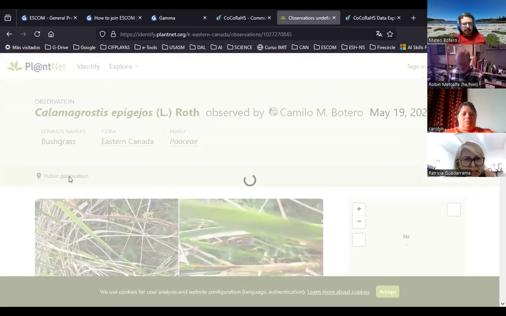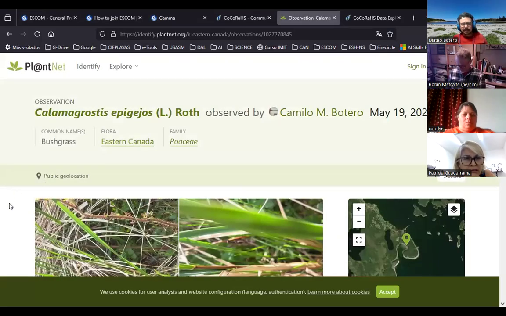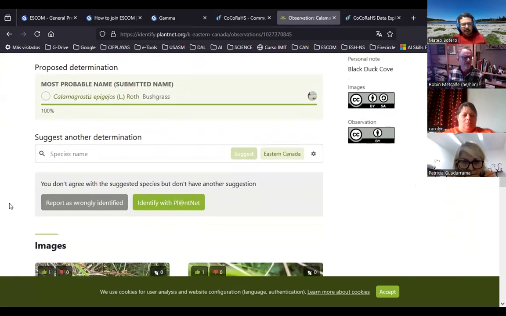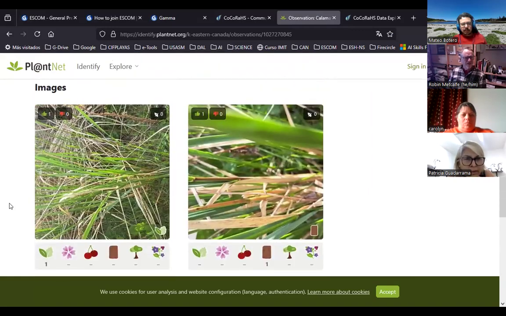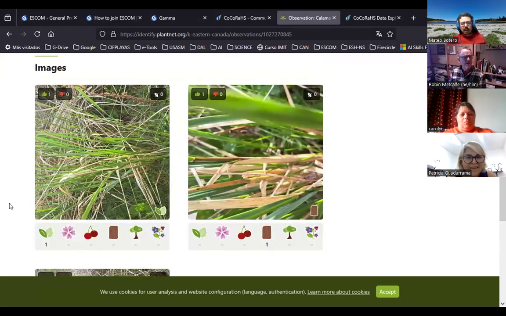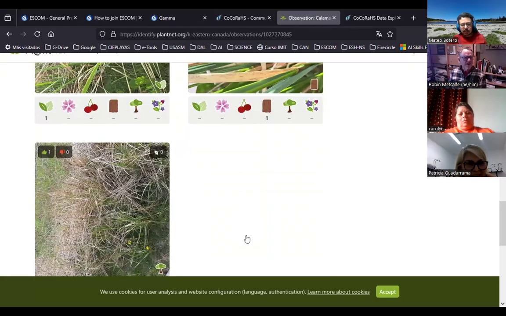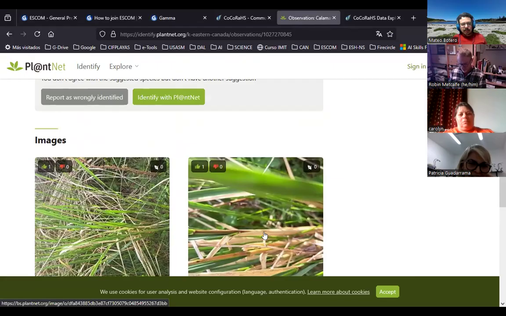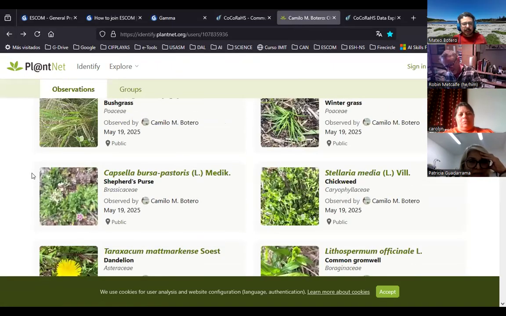But normally it says that it's in Eastern Canada, but at the same time, it doesn't mean that it's exactly a beach plant. This is just my observation, these are my pictures. We don't have flowers yet, so I was trying to get a picture of the leaves and also the bark. Here I say that the leaf is here, and this is the bark.